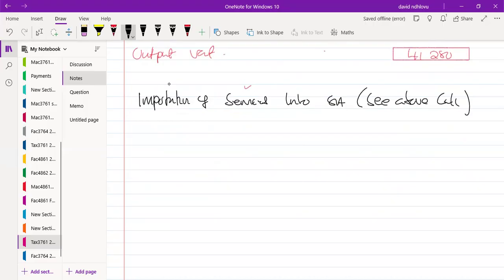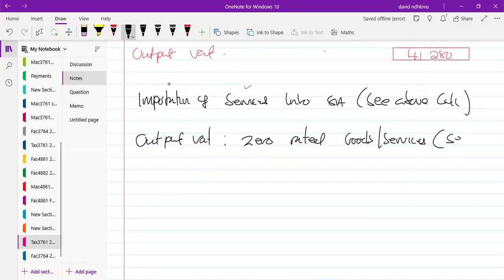Right, then whenever we deal with the output VAT, we also need to understand what we call zero-rated goods. So we are still continuing with output VAT, but this time we want to look at zero-rated goods or services, as highlighted in section 11 of the VAT Act.